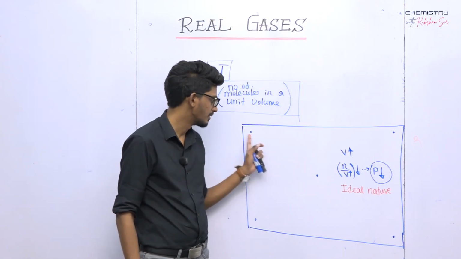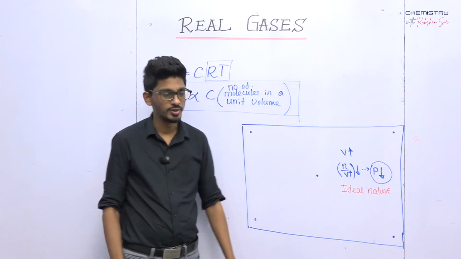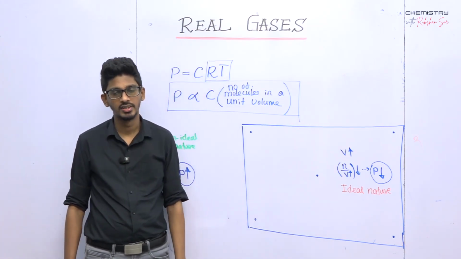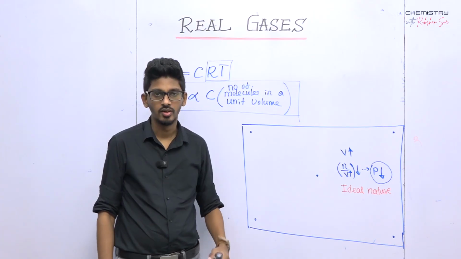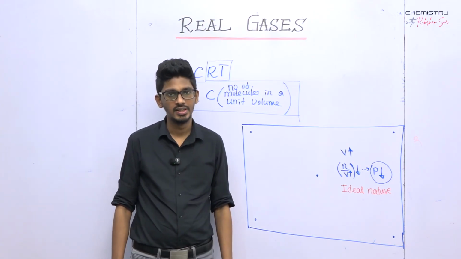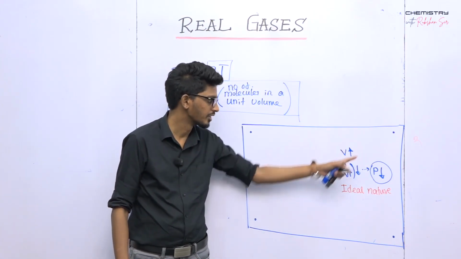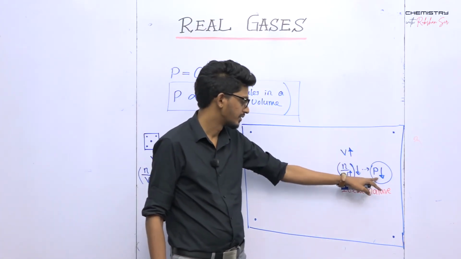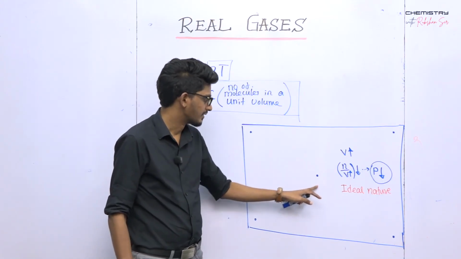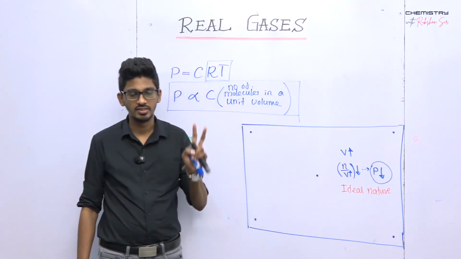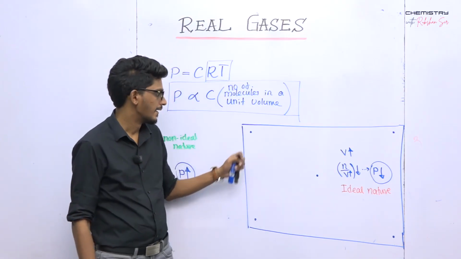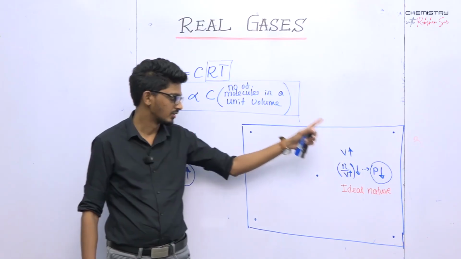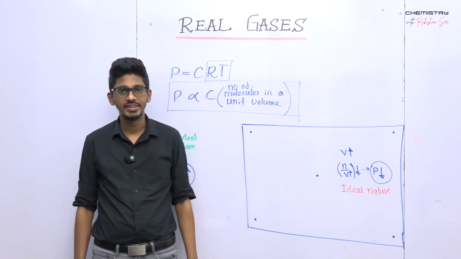Compared to the distance between them, their size is negligible, so these particles won't feel the existence of the other particles, and they can't get attracted or repelled. So at very low pressures, these particles tend to behave ideally: no intermolecular attractions or repulsions, and the volume of a molecule is negligible compared to the total volume of the gas.